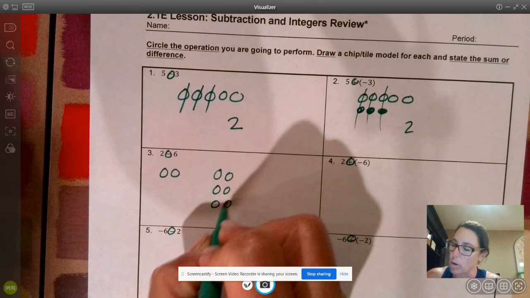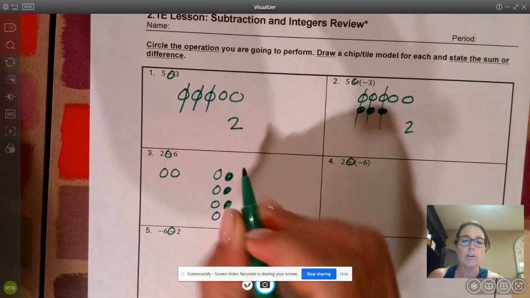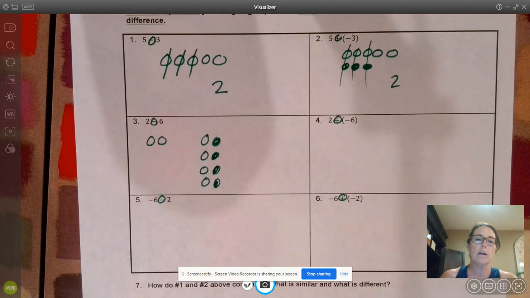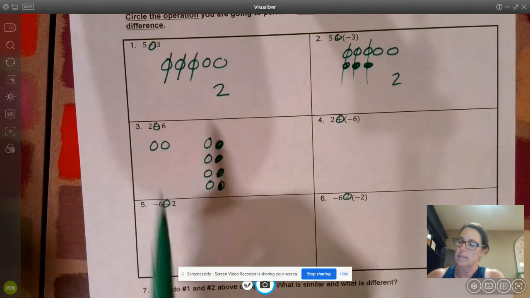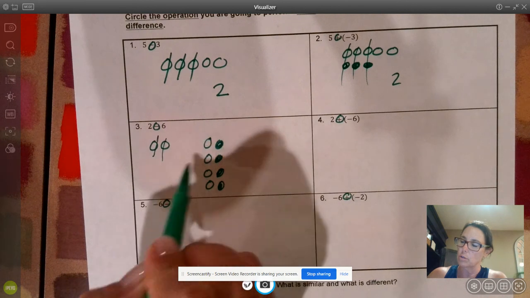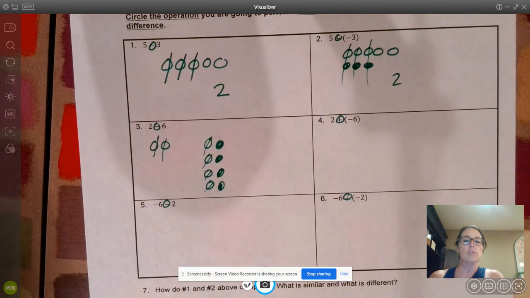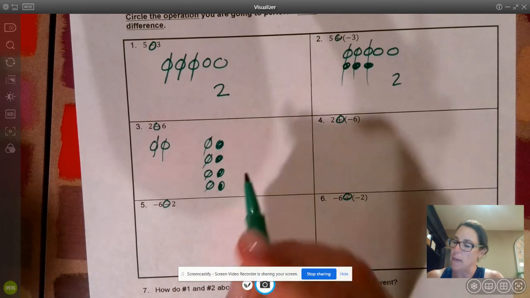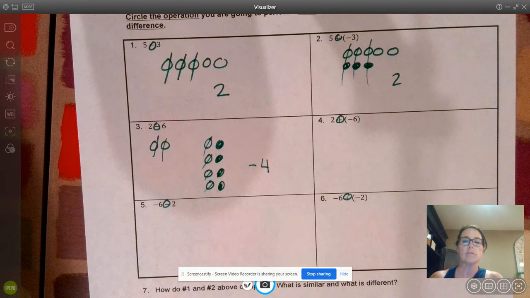Could you add more than 4? Absolutely. Is there a need for more than 4? No way, Jose. So I've got 2 positives and I'm taking away 6 positives. So 1, 2, 3, 4, 5, 6. My answer left on this mat, I've got 4 negatives.